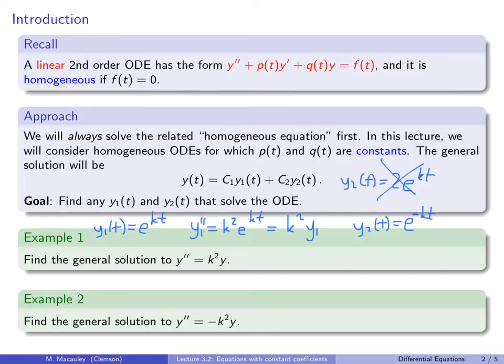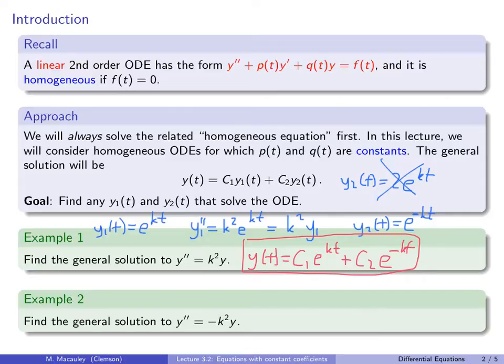One of them is not a scalar multiple of the other. And so we have two distinct solutions, so we have our general solution like this. In other words, y of t is c1 e to the kt plus c2 e to the negative kt. Here, that's supposed to be a t. This is our general solution.